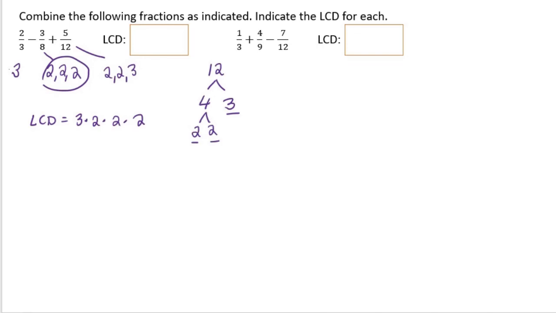In order to be divisible by 12, we need to be able to divide the LCD by 2 2's and a 3. But we already have 2 2's and a 3 in the lowest common denominator, so we don't have to add anything additionally to ensure that the LCD is divisible by 12. Now all we do is multiply that out. 3 times 2 times 2 times 2, or 3 times 8, is 24. So we find that the LCD is 24.